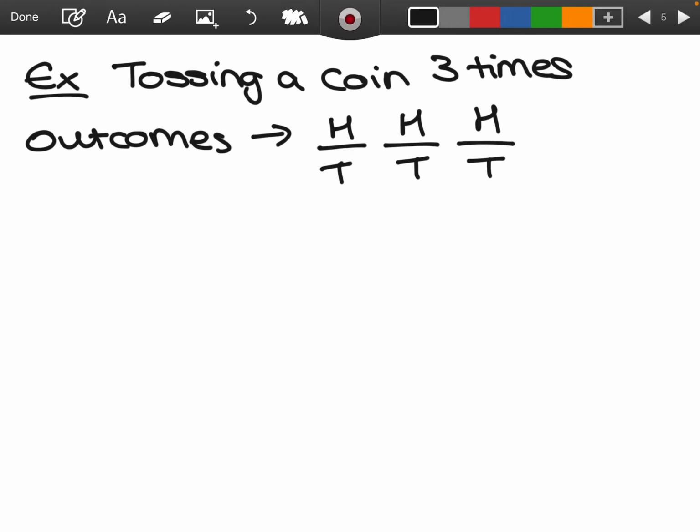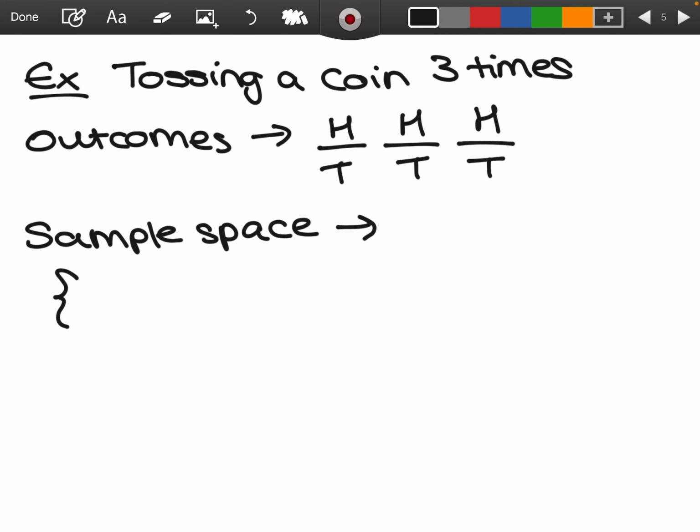So our outcomes are going to have 3 different entries in them, heads or tails, in a row of 3. And then we've got to look at all different combinations of heads and tails where we've done this 3 times. So that leads us to our sample space. What does our sample space look like?